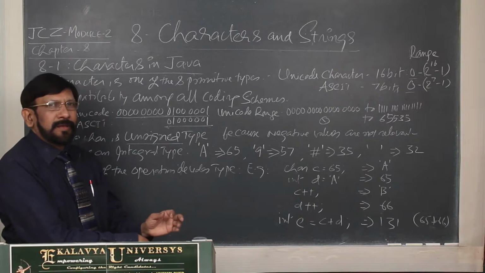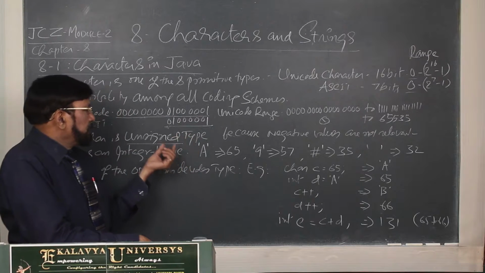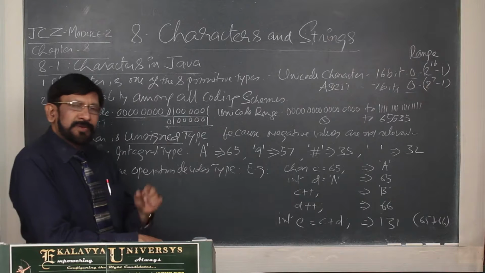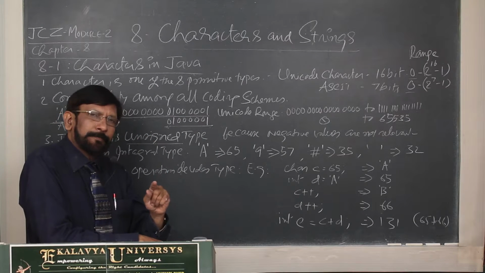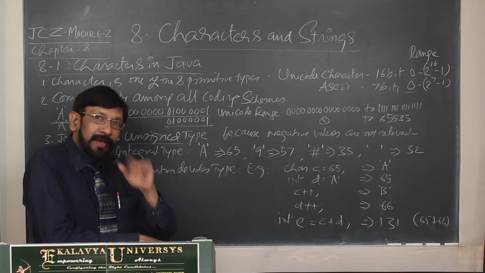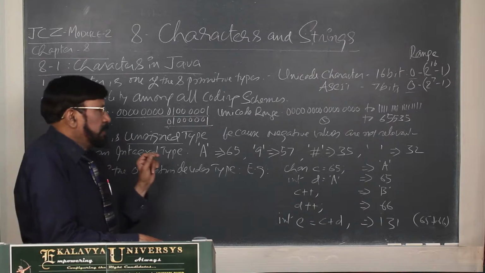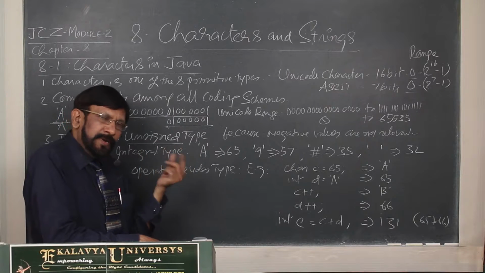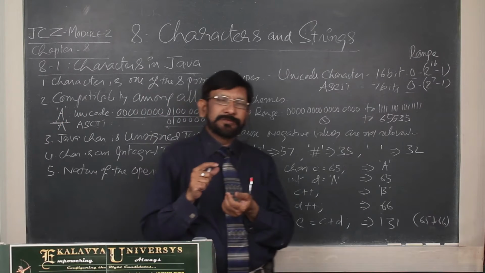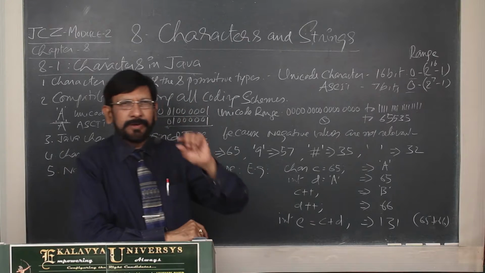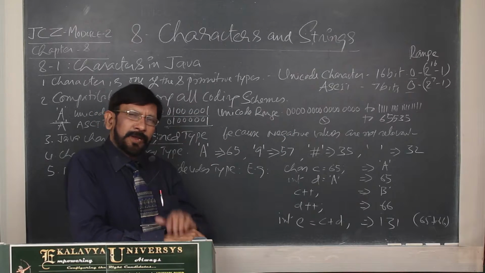But silently it uses unsigned. How? Actually, Java's character type is unsigned. Now you see why it made it unsigned silently: as far as signed is concerned, minus values are applicable.